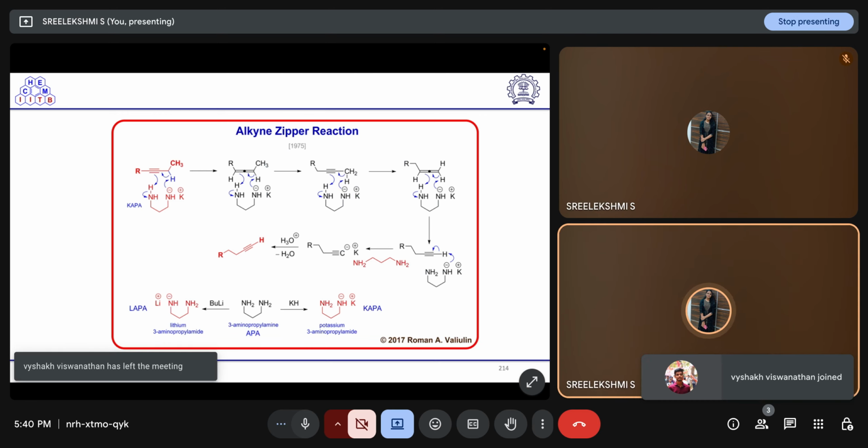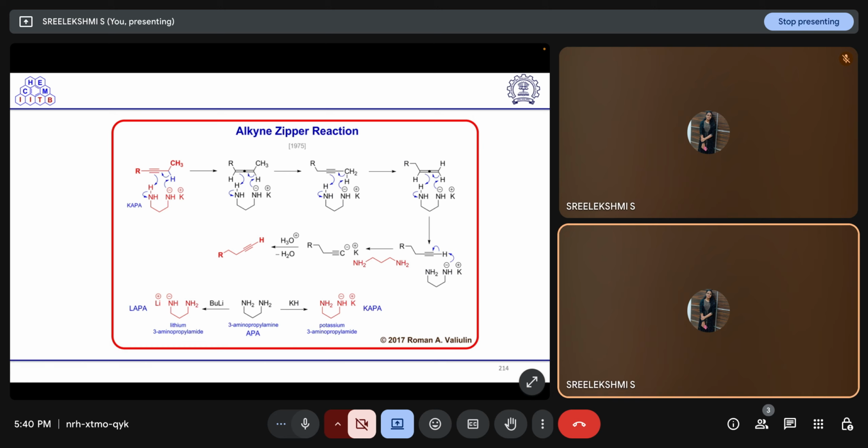So the next reaction is the alkyne zipper reaction. So here what is happening?